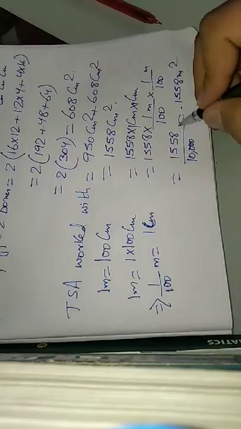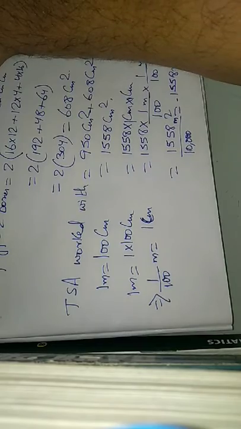Understood? Centimeter square to meter square. This is in meter square. 1558 per meter square it is. Per meter square it is rupees 10 for 1 square meter.